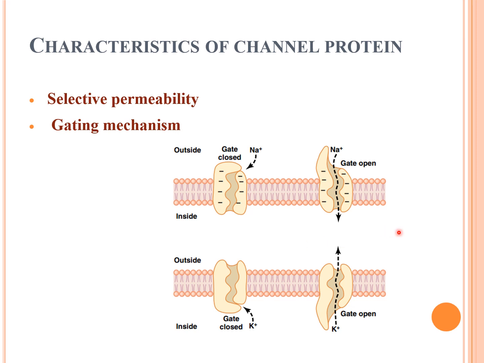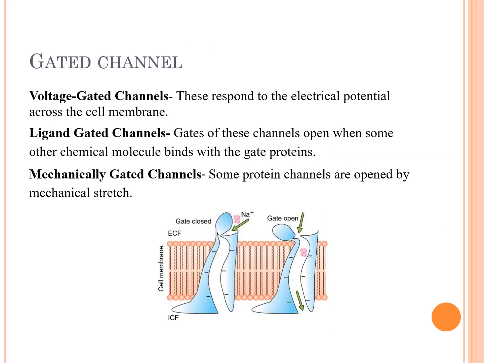So this is one type of gating mechanism, especially voltage gated channels, because they open or close based on the voltage on the membrane. And the next type of channel is ligand gated channels. Ligand gated channels open when some ligand, which means a chemical molecule, binds with these channels, and then these gates will open.